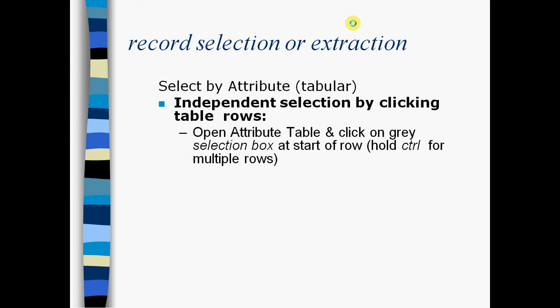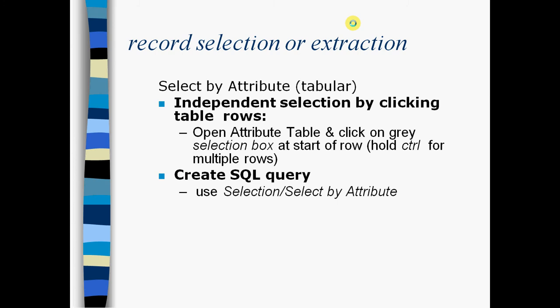That's called tabular select by attribute. It is also possible to enter a dialog box and use select by attribute in conjunction with an SQL, structured query language, query, which will be very obvious once you see a live demonstration of the use of this.